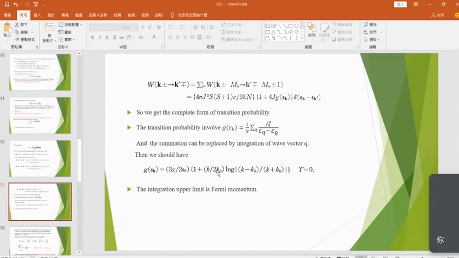It will look like this. It has log behavior, and K naught is the Fermi momentum when T equals 0, but this diverges when T equals 0, but we will not discuss that.